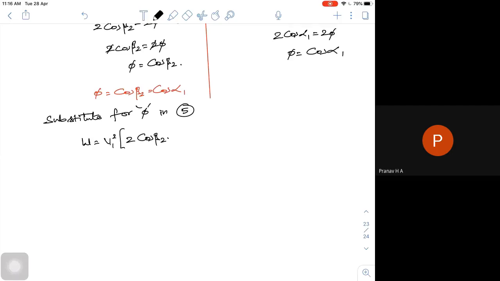That is cos beta square into your corresponding cos beta 2 minus cos square beta 2.